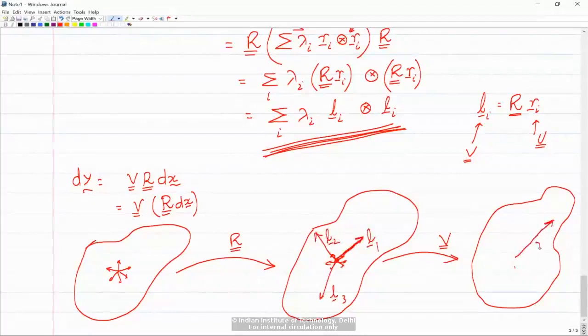So this becomes lambda 1 L1, this becomes lambda 2 L2, and the other one becomes lambda 3 L3. So these line elements do not change their orientation. They only undergo stretching. But other line elements, of course, have to change their orientation.